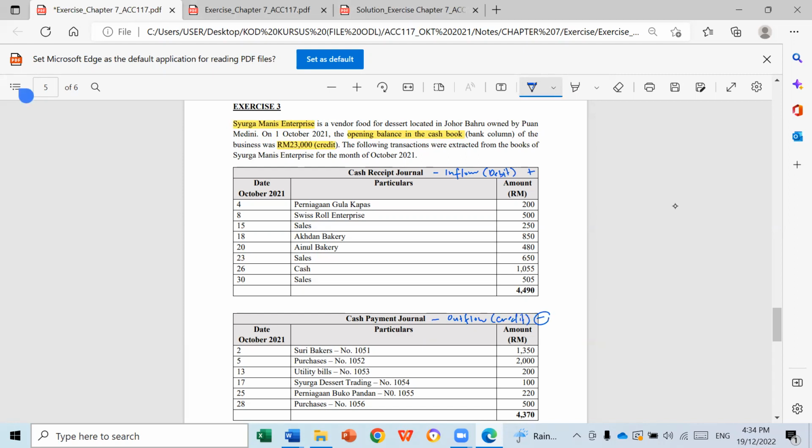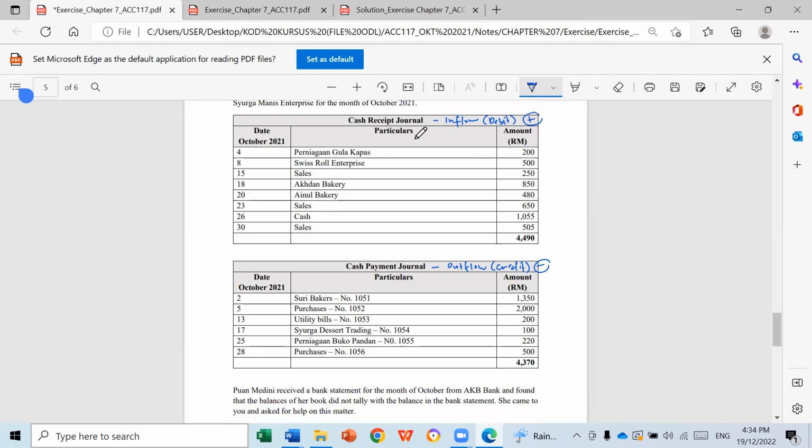Please take note. The information is now being presented in different forms. One is in the form of the cash receipt journal and the other section is in the form of the cash payment journal.